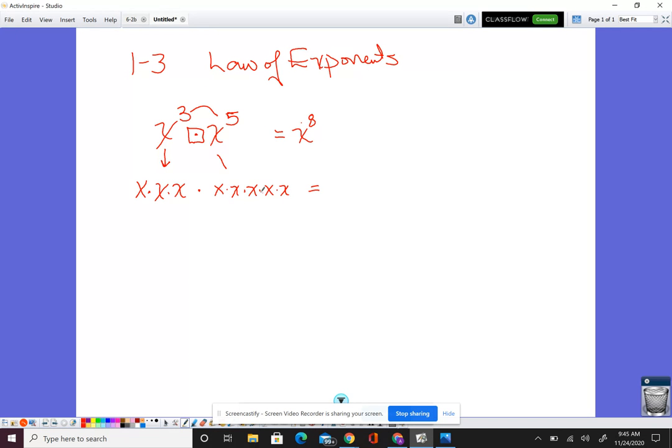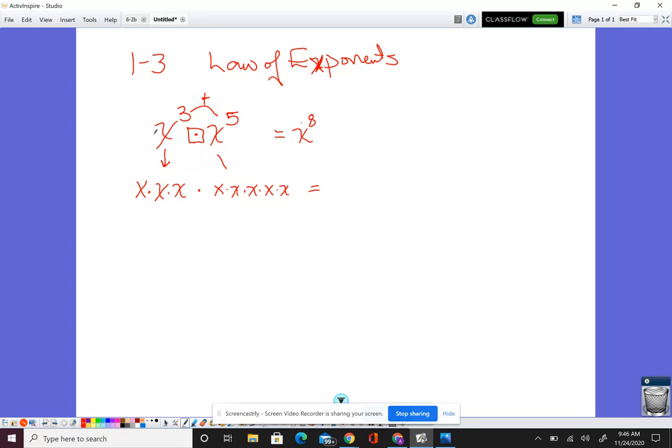Well, what did you just do down here? You went 5 and then 3, so you add them? You add them. Yep. So when you're multiplying, you add your exponents. That is one of the laws of exponents that we're going to use.